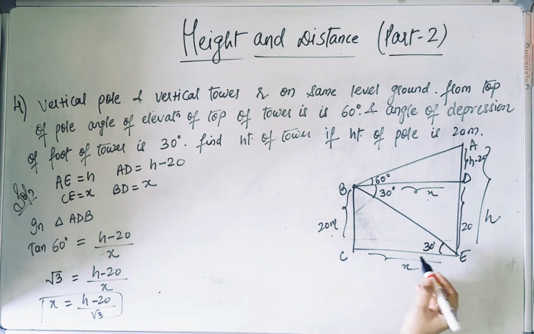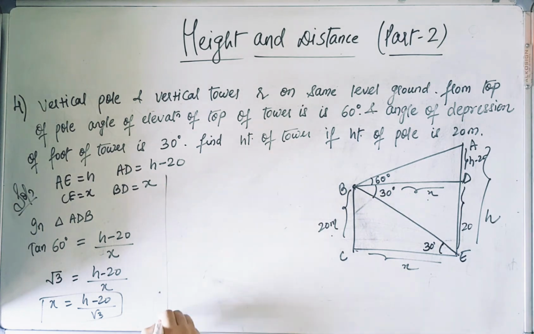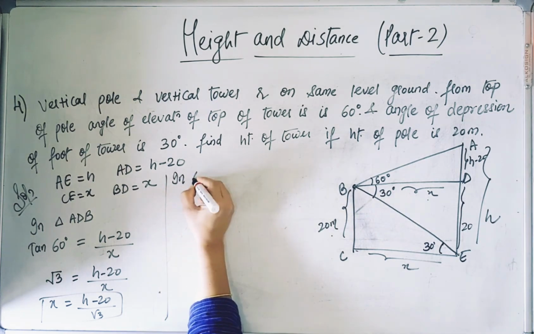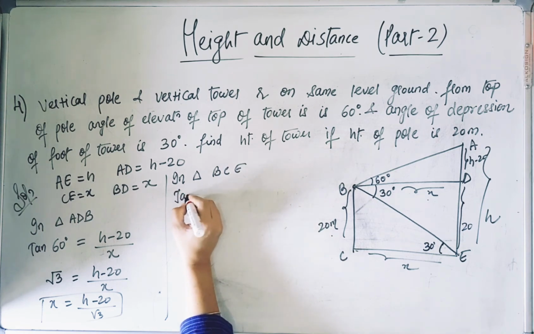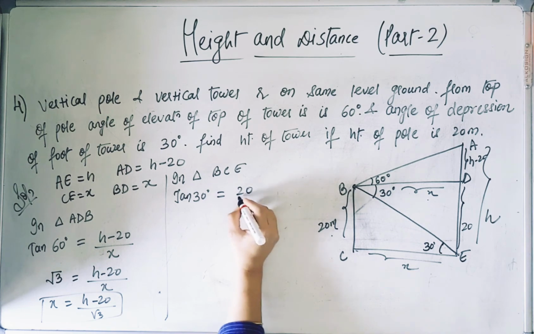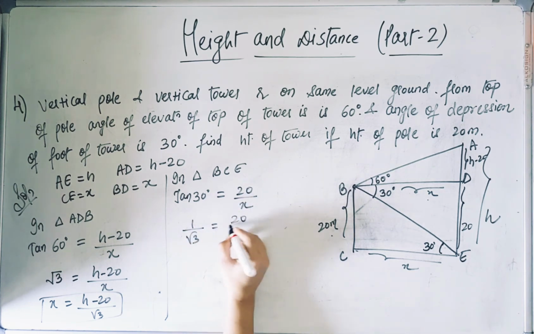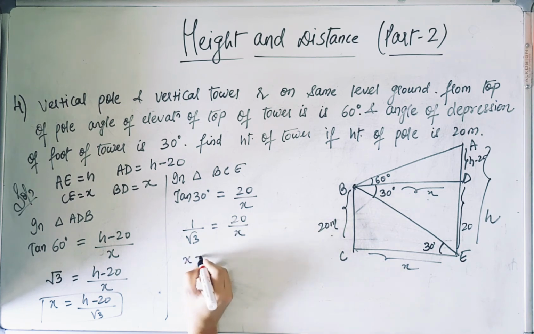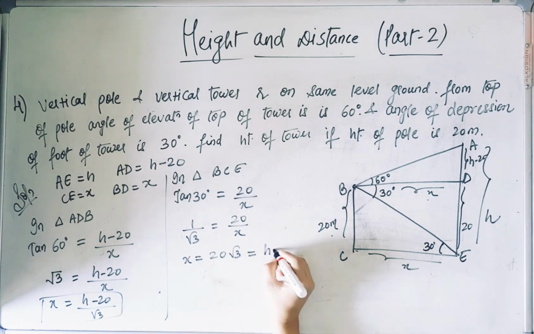Now which triangle will we take? This one, BCE. In triangle BCE, tan 30 is 20 by x, and tan 30 is 1 by root 3. So here x is equal to 20 root 3, and this is equal to (h minus 20) by root 3.